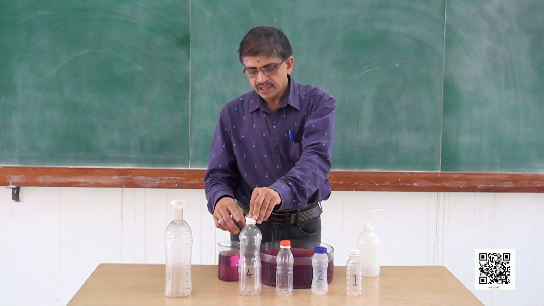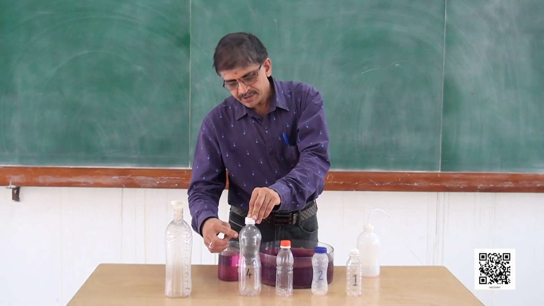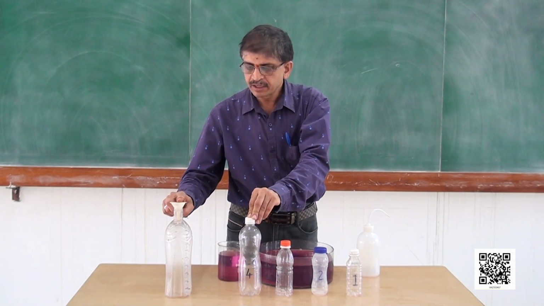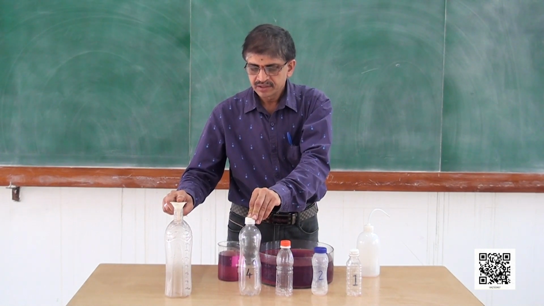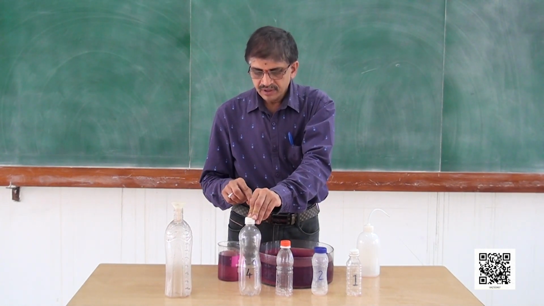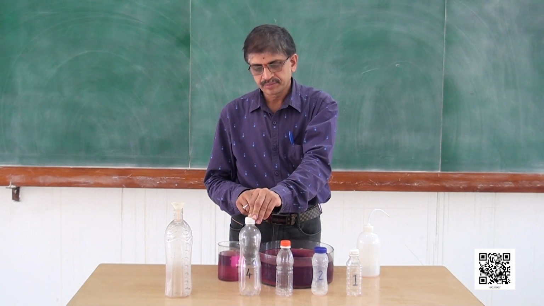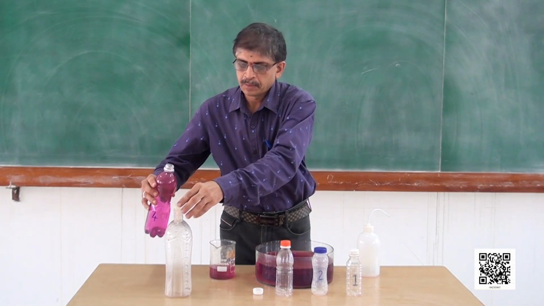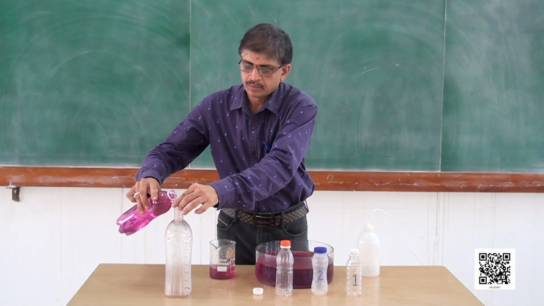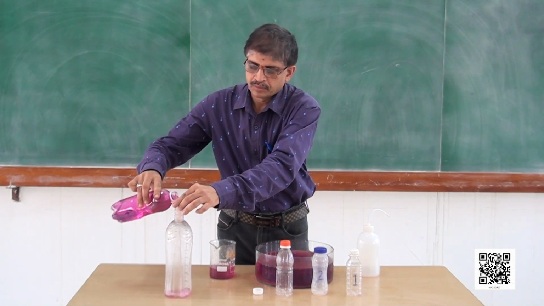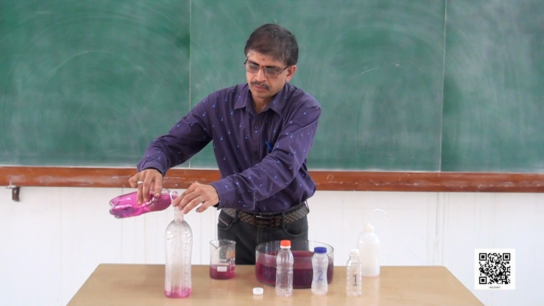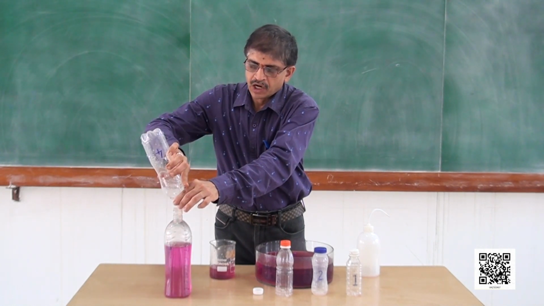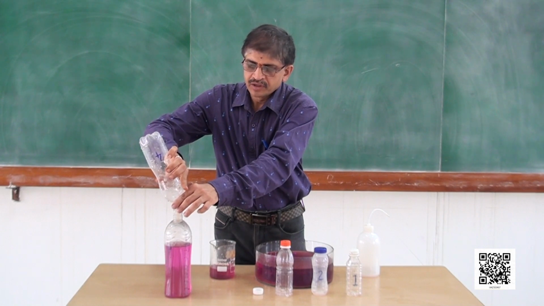Children, can you now guess how many times bottle number 4 can be filled in this 1 liter measuring bottle? Is it 2 times? Let us check. How many times did we pour now? 1 time.